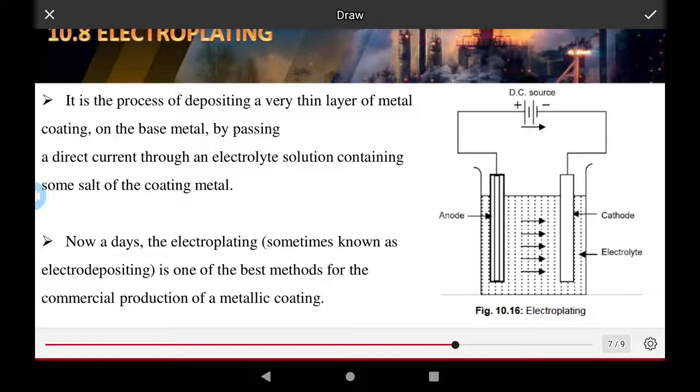This is the economical production process for metallic coatings, electroplating.